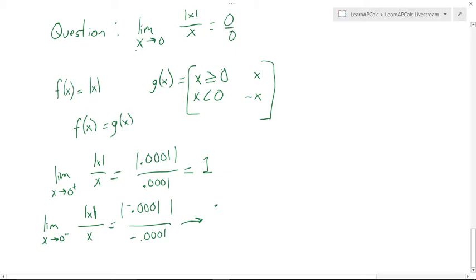Alright, so if I evaluate this, the top is going to become positive because I'm taking the absolute value, but the bottom is going to stay negative. So here I get negative 1. Now we can see that I'm getting two different things for the limit from both sides. This means that our limit does not exist.